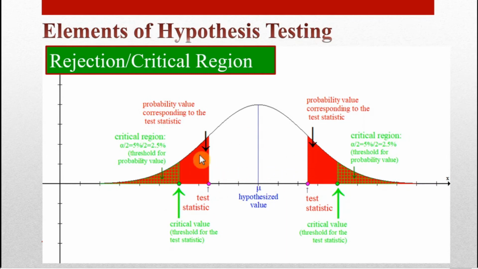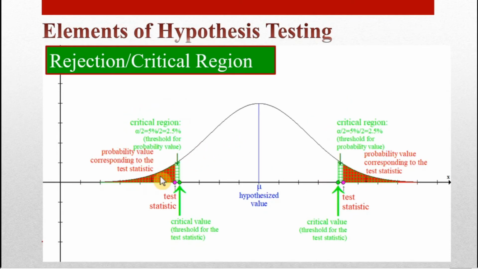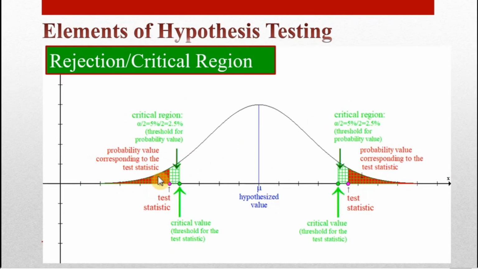Then this is more evidence that the value that we gathered from our sample is not really different from our parameter, the value that we are assuming for the population. So these are cases where we accept the null hypothesis. These are cases where we reject the null hypothesis.